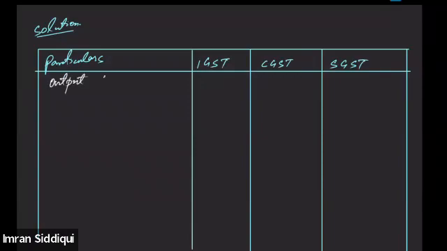Output GST always indicates the credit balance, because output GST is a collection of tax, and collection is always credited. So it always has a credit balance and is indicated in brackets: 5,25,000, 2 lakh, and 2 lakh. This is the total value that we have collected by way of IGST, CGST, and SGST.